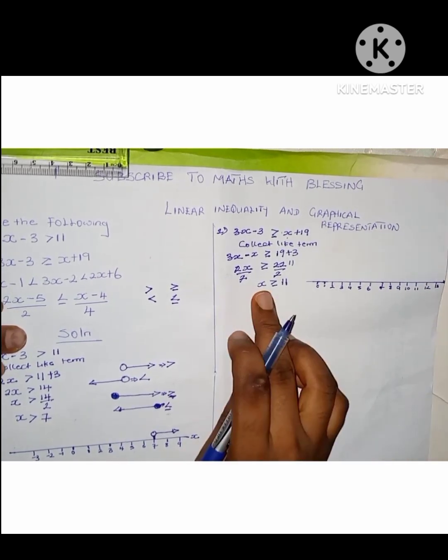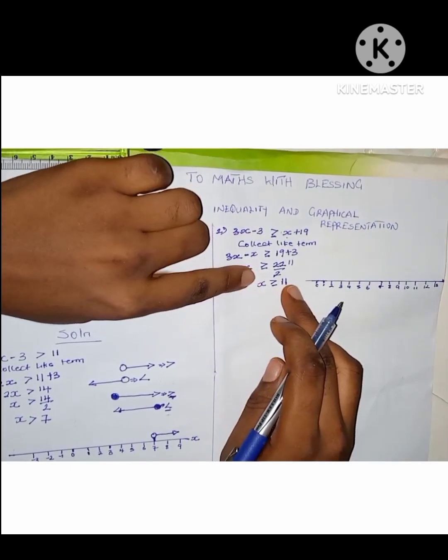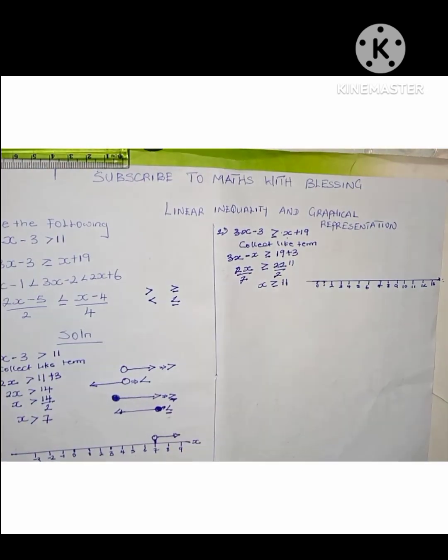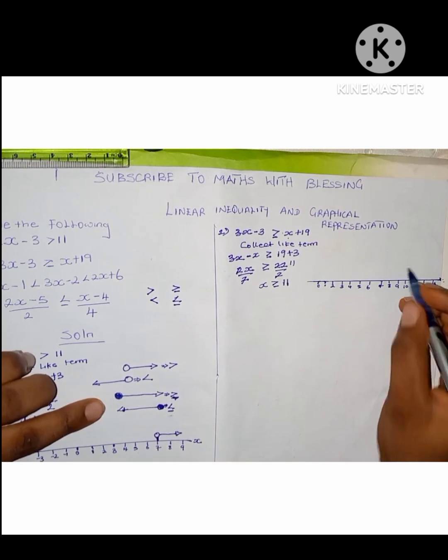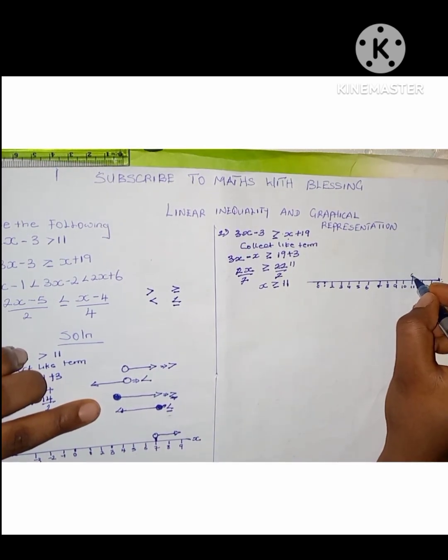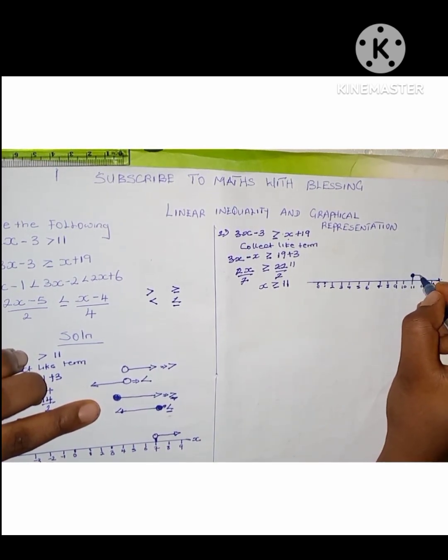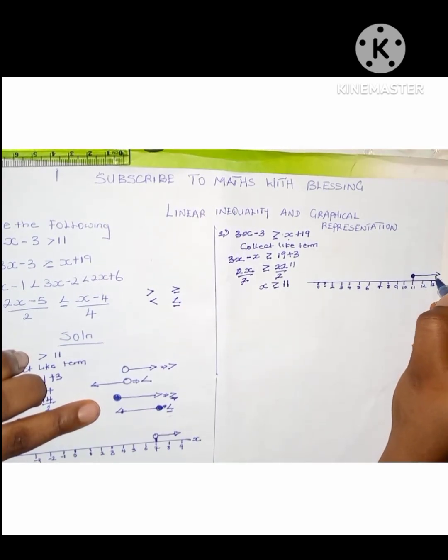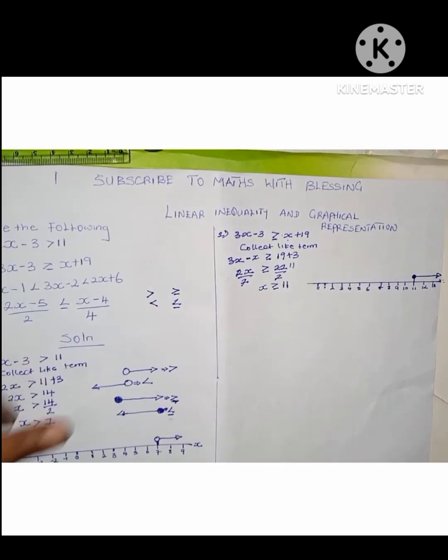So here we have that x is greater than or equal to 11. And coming back to these arrows, which one is greater than or equal to? This is this arrow. So you come to 11 and draw this arrow, showing you that x, the value of x, is greater than or equal to 11.